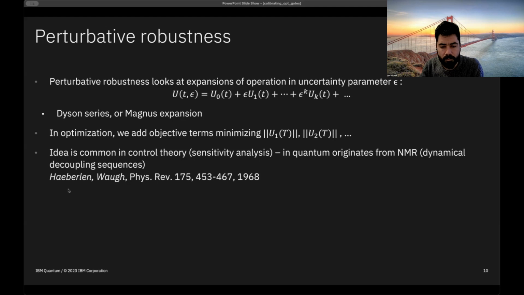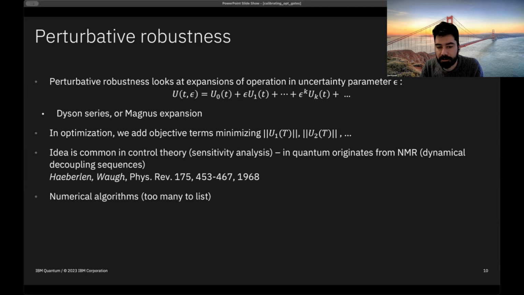And so this paper details sort of the perturbative analysis explanation for why a lot of the control sequences they were using were working. And so this idea they used there in that field, and lots of control sequences were developed in NMR back in the day using this idea.